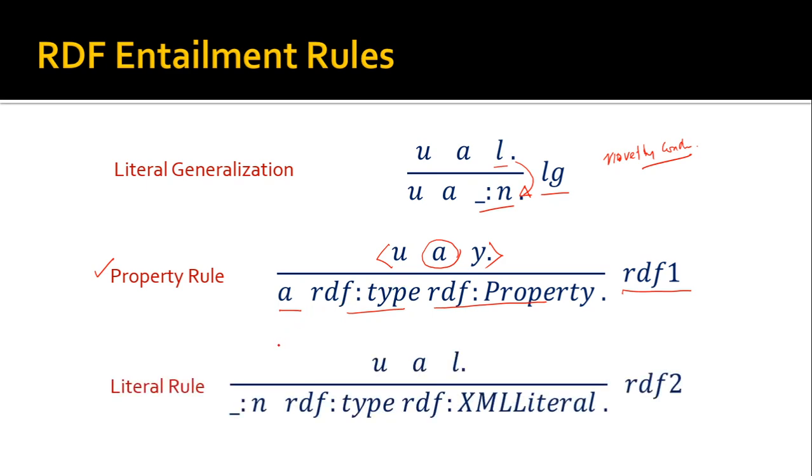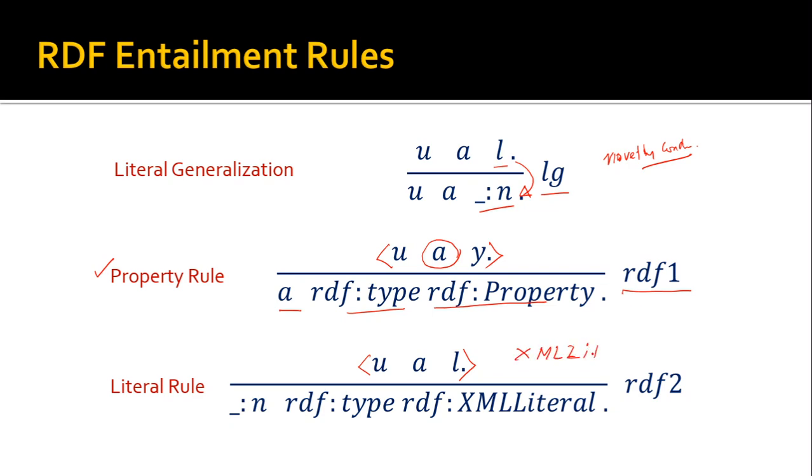Now the third thing is the literal rule. What is that rule saying? I guess the literals that are used in RDF are picked up from the XML literal domain. So if you have something like U A L, then you assume that the literal belongs to the XML literal class.